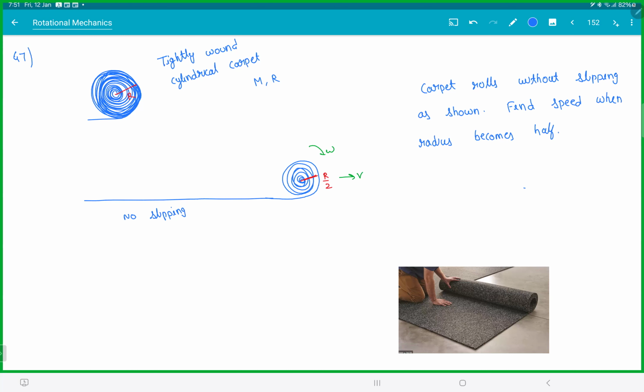What do you think is the answer? Same thing: state 1, state 2, energy conservation. The story is always the same. I draw the final diagram also here.